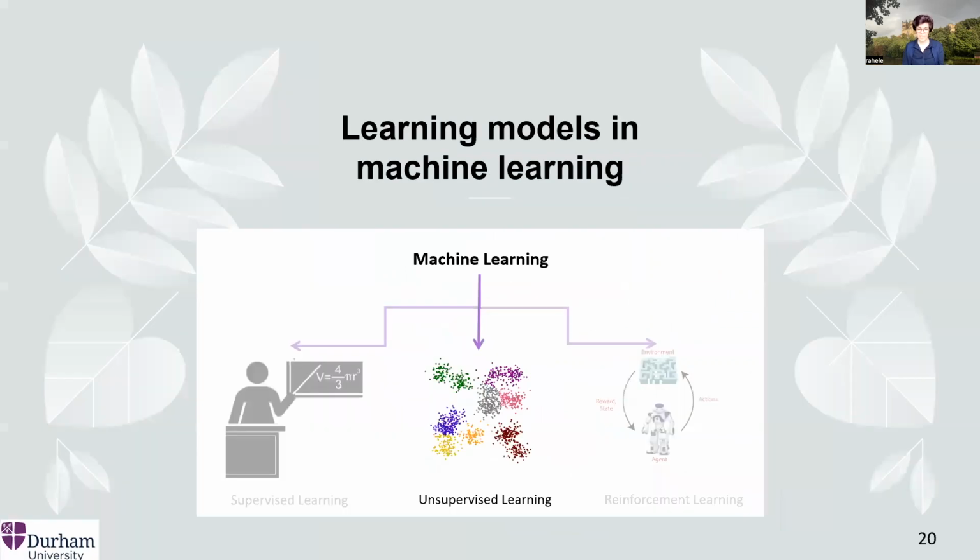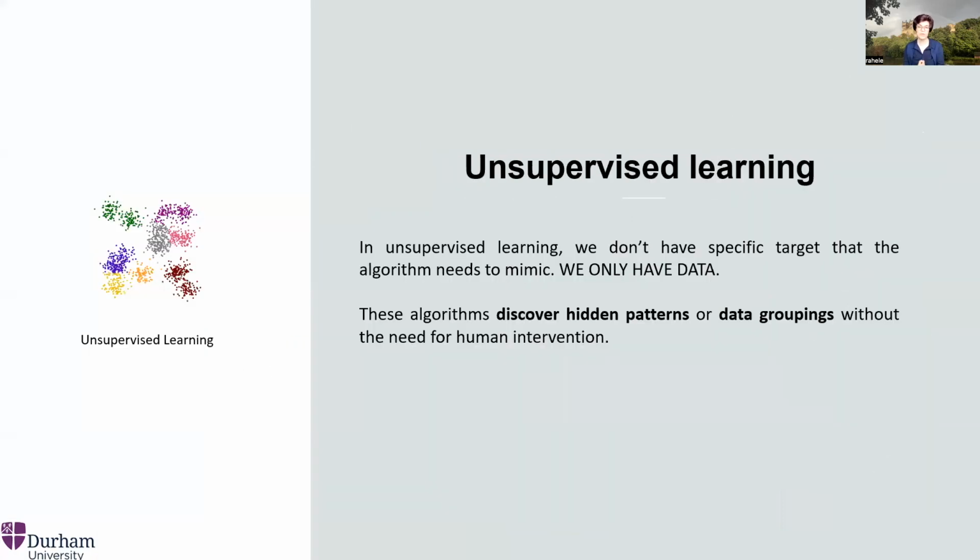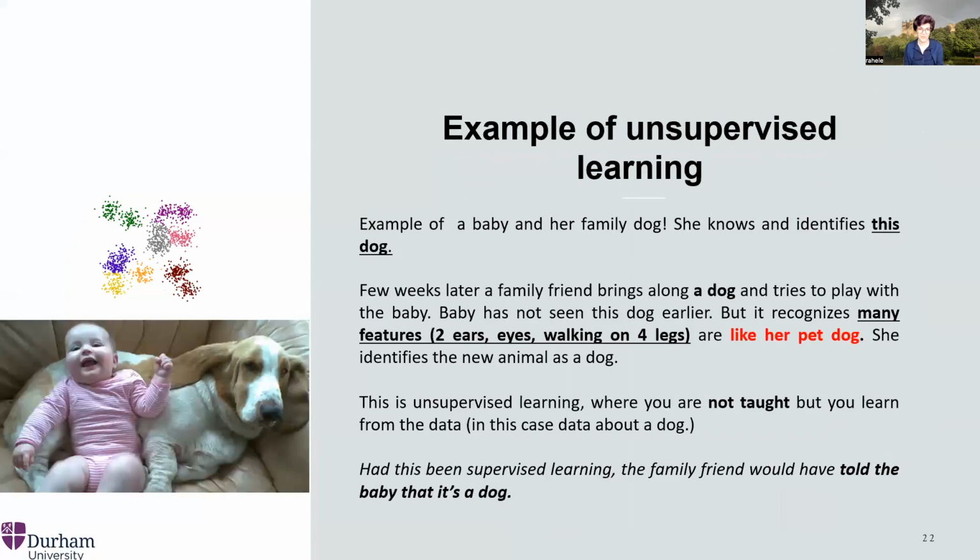But what happens in unsupervised learning? In unsupervised learning, we actually don't have a specific target. We only have the data, and the algorithm should discover the pattern itself by data grouping or so. An example of unsupervised learning is when we have a baby who knows the family dog but hasn't seen any other dog.